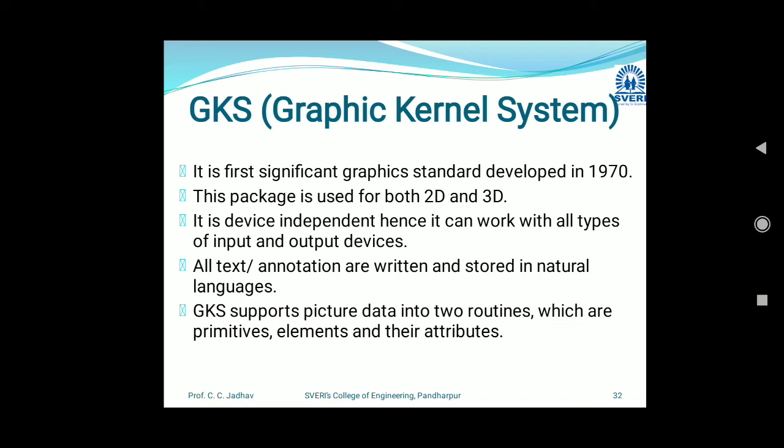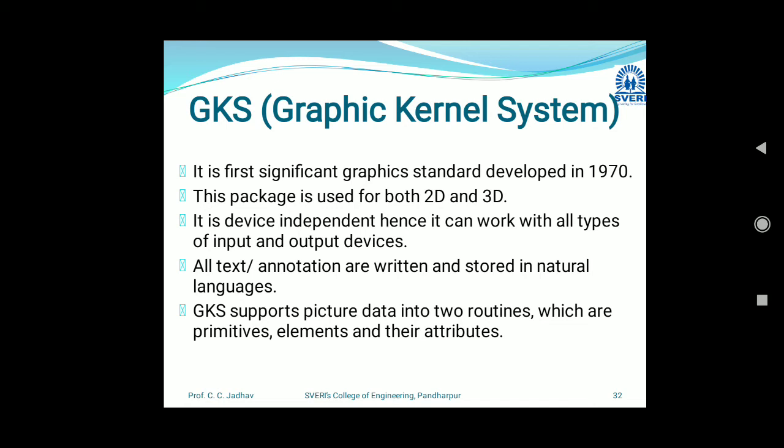All text annotations are written and stored in natural languages. In this graphics standard, they store all the data in the form of natural languages. GKS supports picture data in two routines, which are primitives, elements, and their attributes.